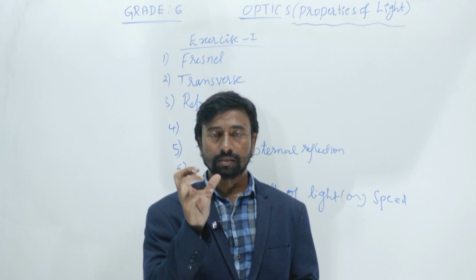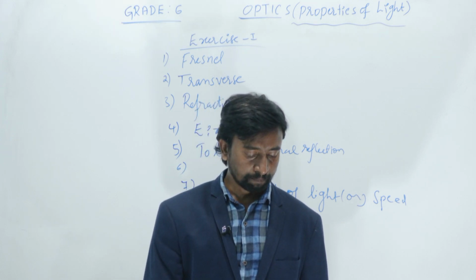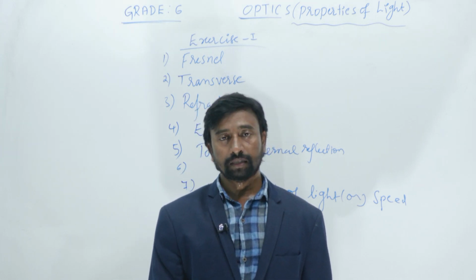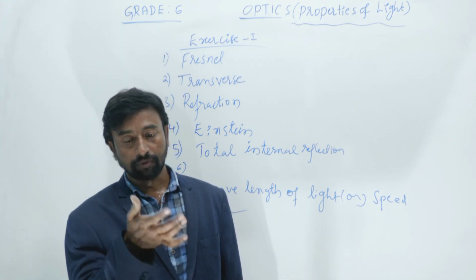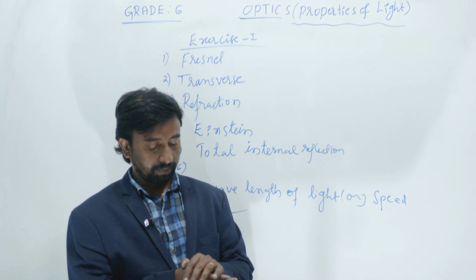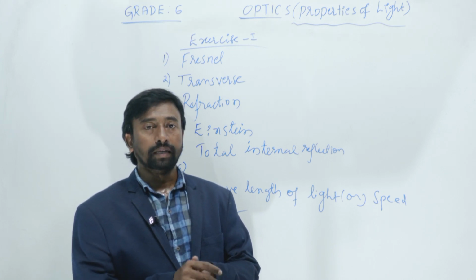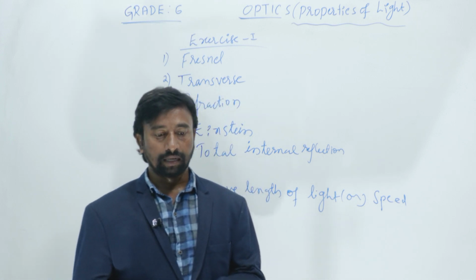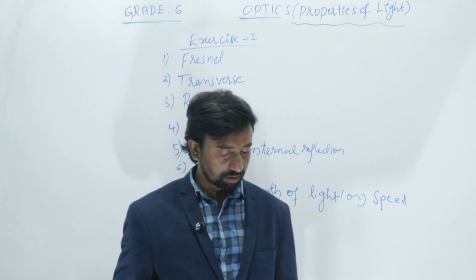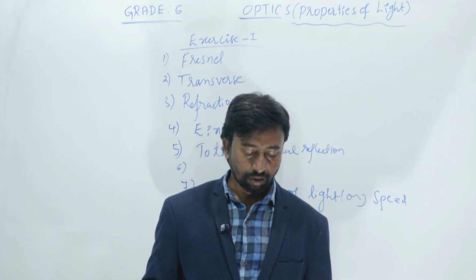He explained that the speed of light will be greater in the denser medium and lesser in the rarer medium. Later, Huygens proved that it is wrong.